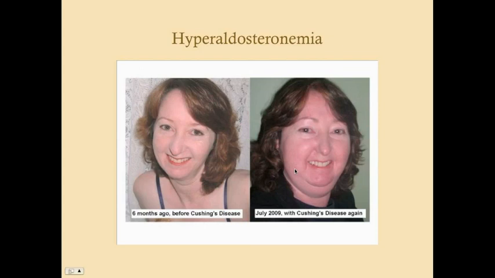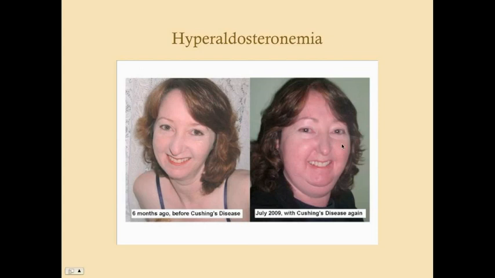What you could see, if you're really astute, but you'd have to be a master at this, is right beneath her eyes a little periorbital edema. It's obvious here because it says Cushing's disease underneath it, but periorbital edema is symptomatic of a high aldosterone state.